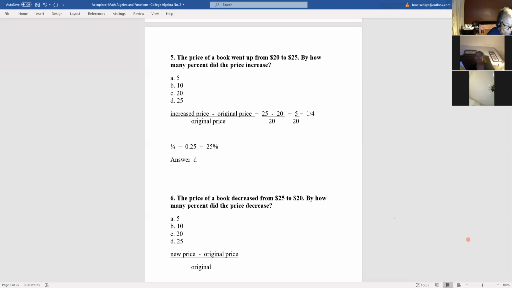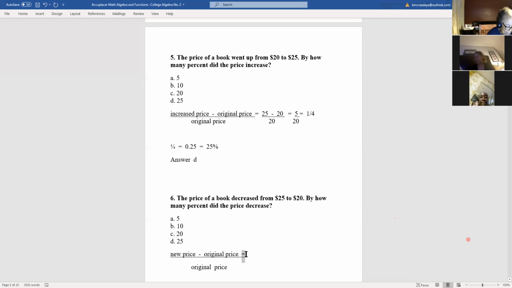So what would we substitute? The new price is 20. The formula is the new price minus the original price.